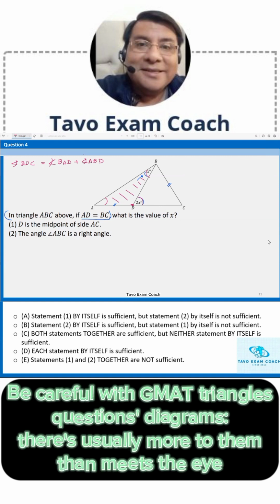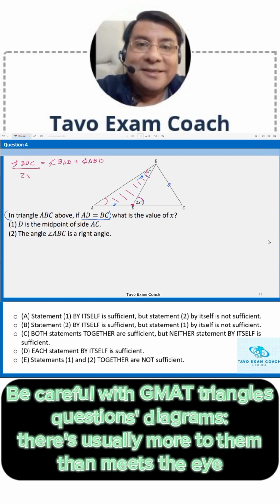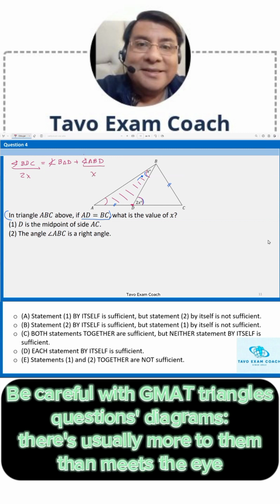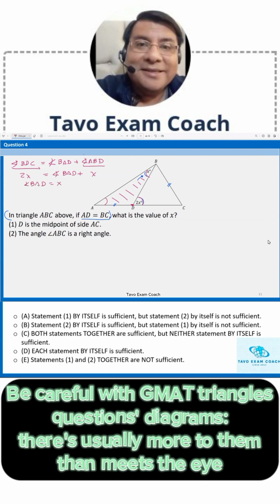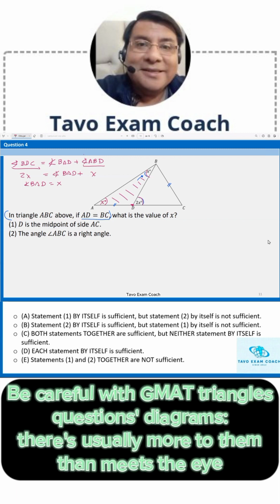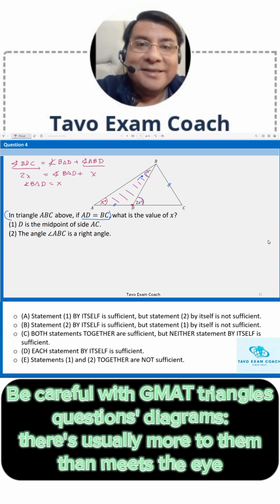So what is this? 2 times x. What is this? ABD, x. So what is the measure of angle BAD? If we do a simple subtraction, this measure should be x. In other words, this is x, according to the property of the exterior angle.